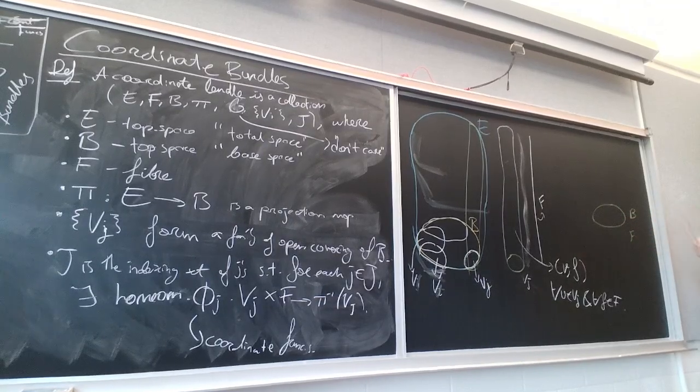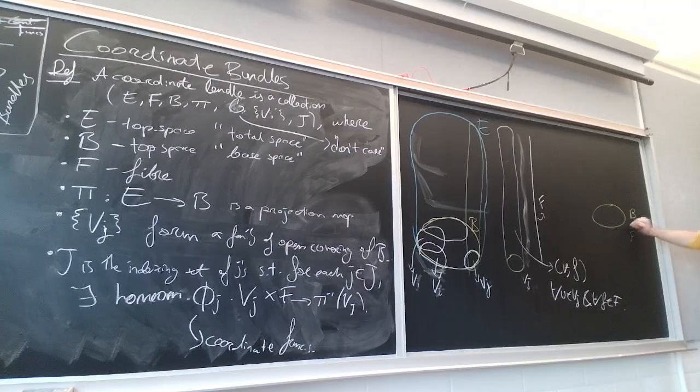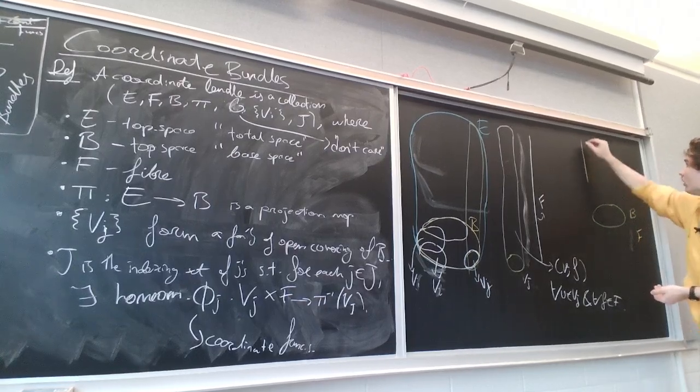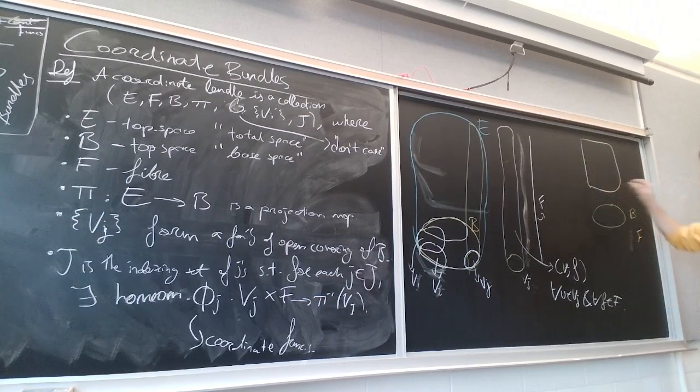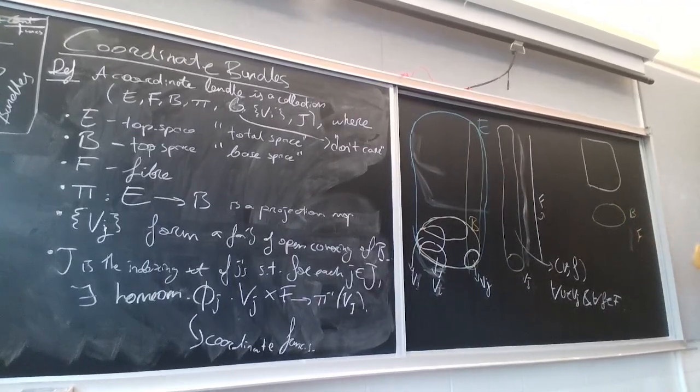So somehow every point has some special space associated. What I want to do is glue a fiber to every point of B. So I want to have this total space E, which, at least locally, looks like B with a fiber attached to each point.